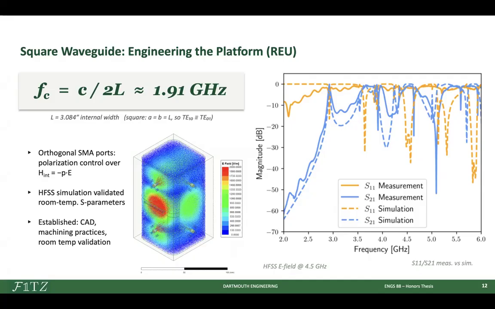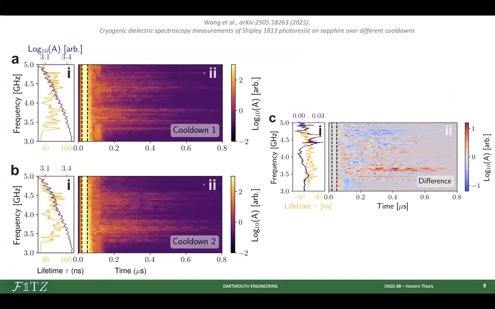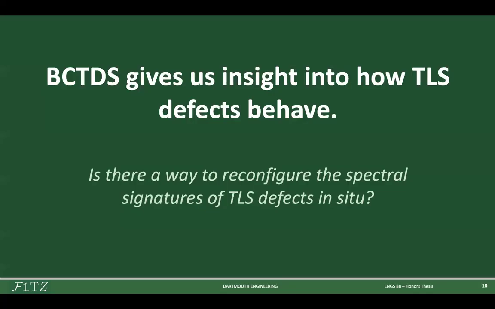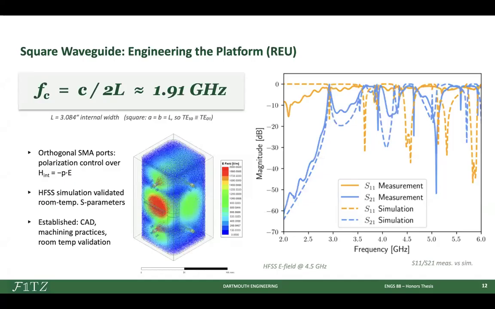This agreement is much worse than the original waveguide. How would you quantify that? I mean, you can eyeball it. It doesn't seem to overlap too well with the dashed lines of the simulation. But it's open to interpretation. If you think it looks okay, then I'll take the win.